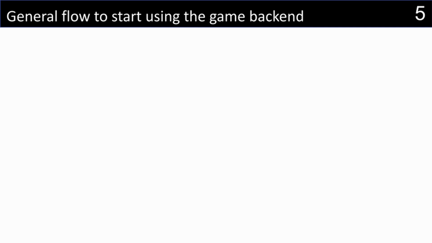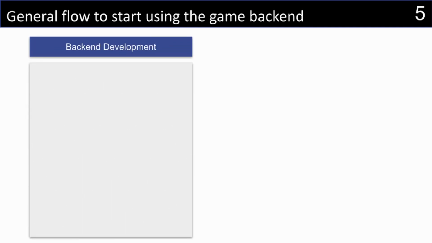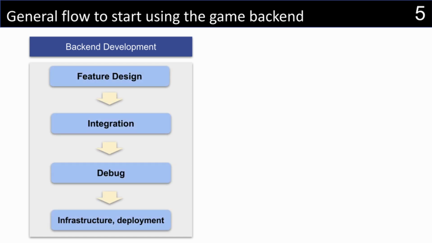Now let's delve into the specific labor benefits of introducing GS2, focusing on the development flow. Firstly, I'll run you through the flow if GS2 isn't used in the game development process necessitating backend functionalities. Initially, backend development tasks are a must. After designing, implementing, and debugging, the newly developed functions are deployed on newly constructed infrastructure.